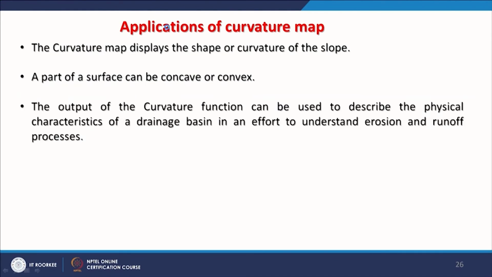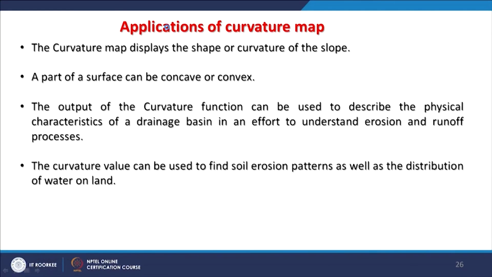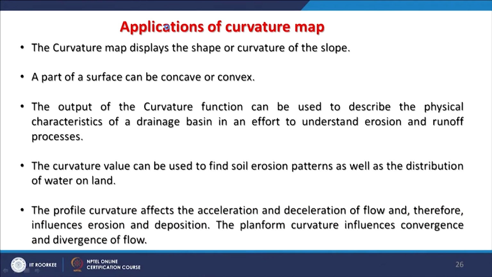The output of the curvature functions can be used to describe the physical characteristics of a drainage basin in an effort to understand erosion and runoff processes. These curvature values can be used to find soil erosion patterns as well as the distribution of water on land, or even in landslide studies.